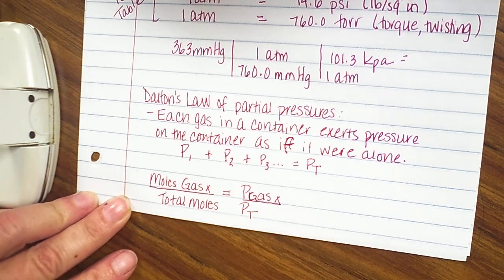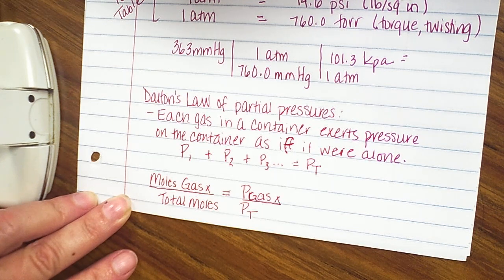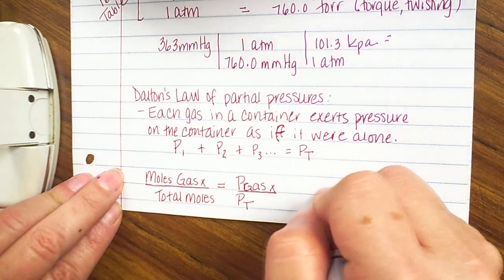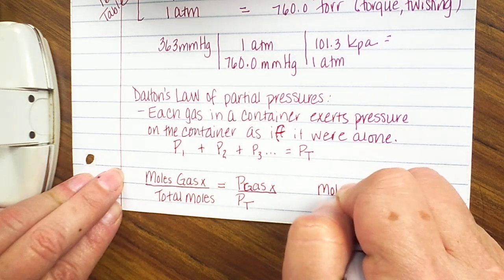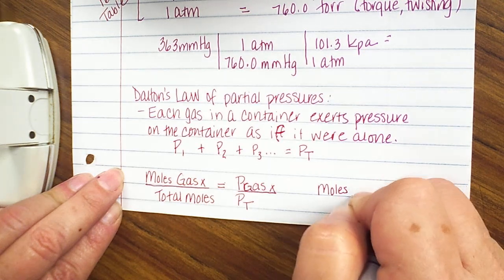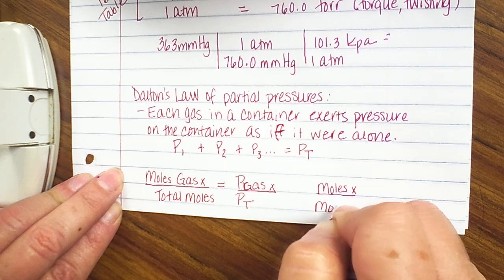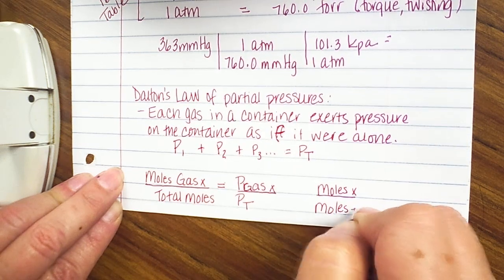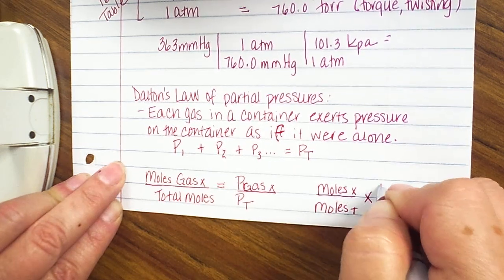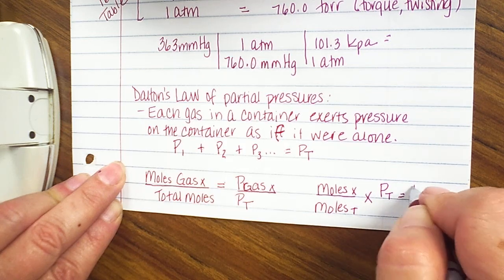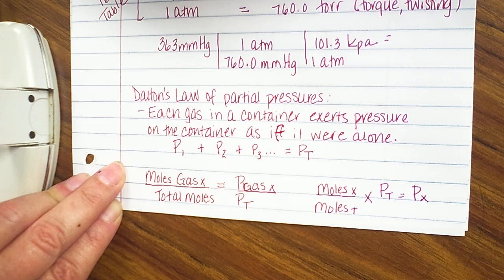So the mole fraction is the same as the pressure fraction. What that means is that I can multiply the moles of gas X over the total moles times the total pressure, and that will give me the pressure of gas X.